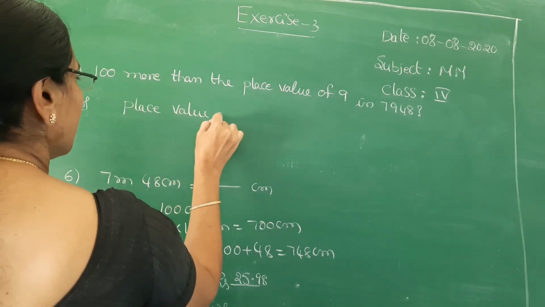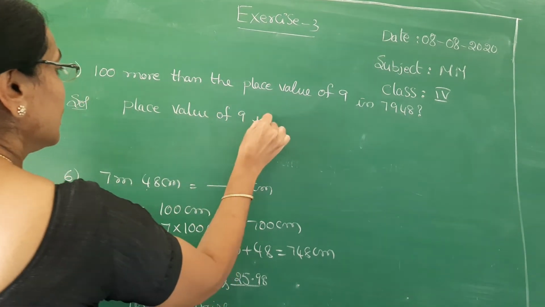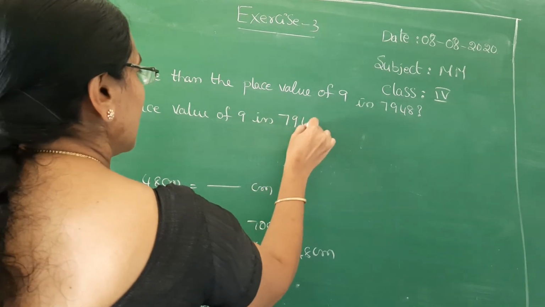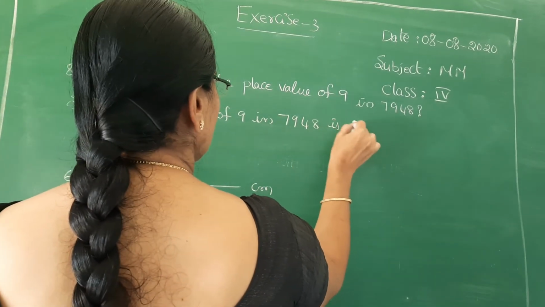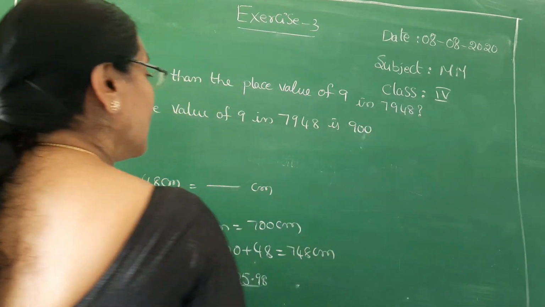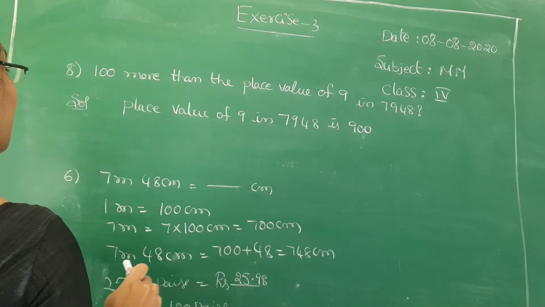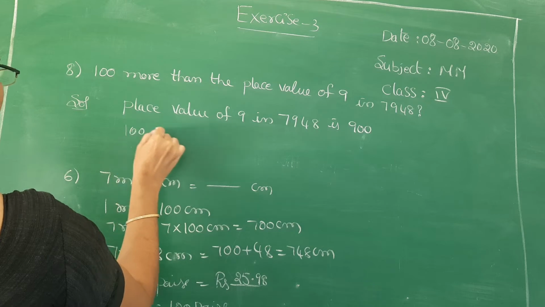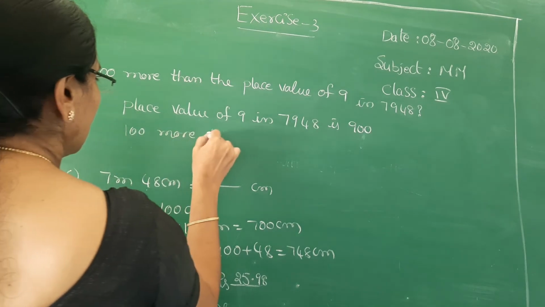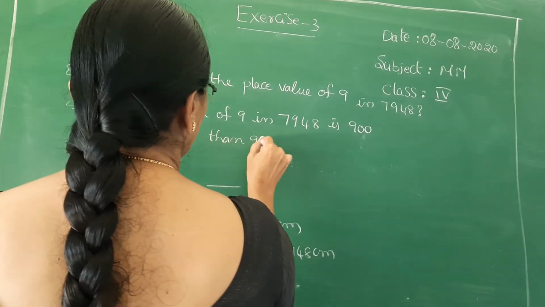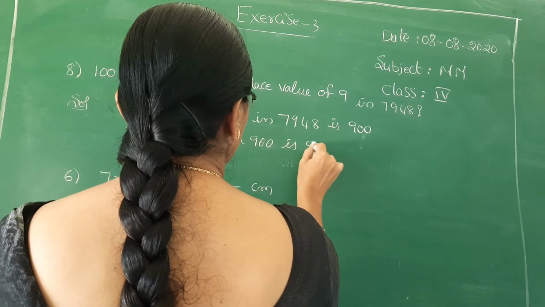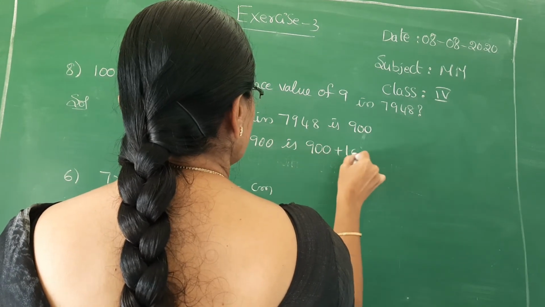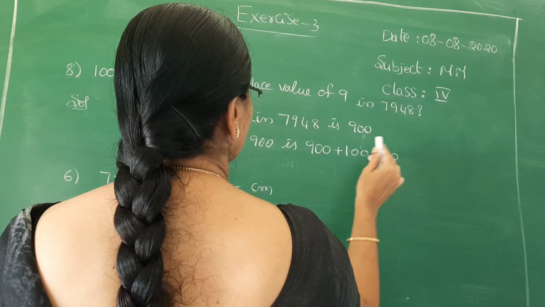The place value of 9 in 7948 is 900. They are asking for 100 more than 900. 100 more than 900 is 900 plus 100, that is equal to 1000.